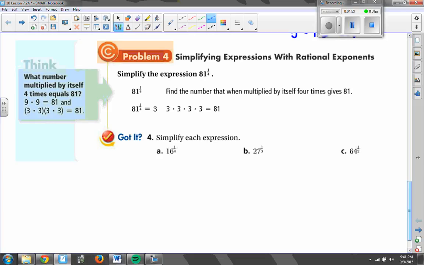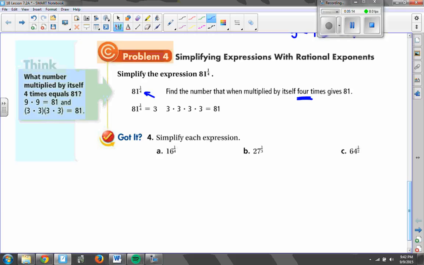Now, that 1/4, the 4 being on the bottom right there, tells me that I need to find a number that when multiplied 4 times, meaning when I list it out 4 times and multiply it all together, I get 81. It's perfectly fine if you want to go through a guess and check method.